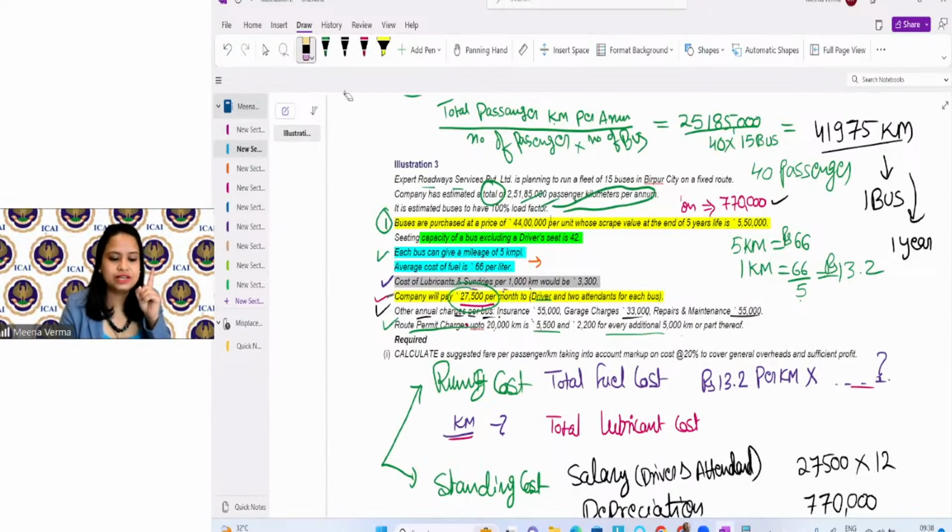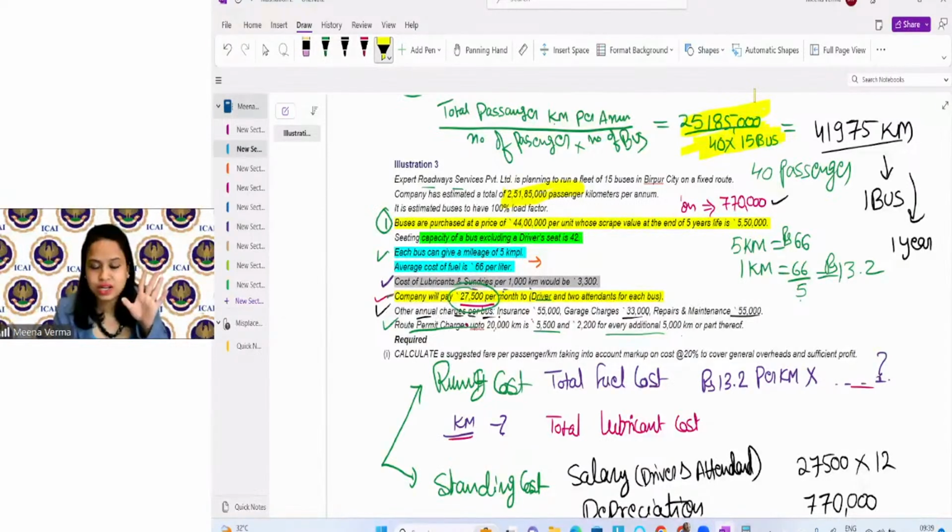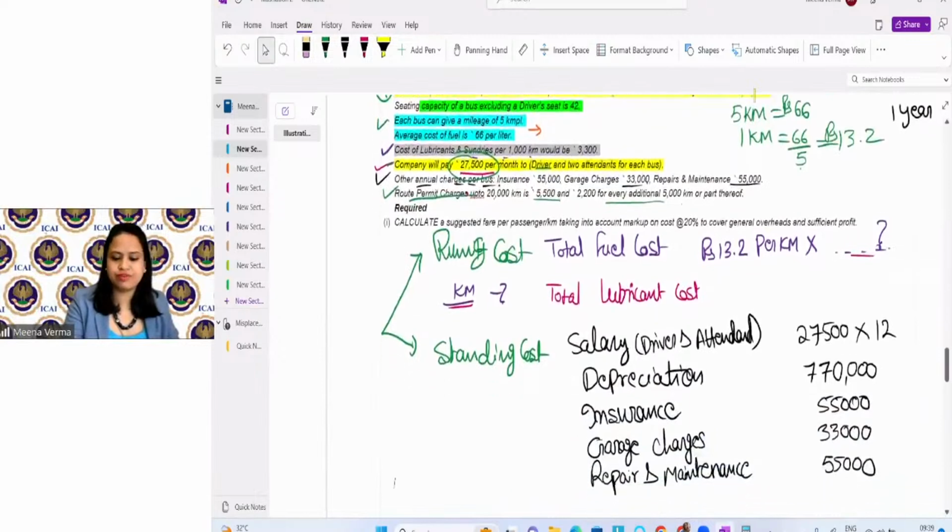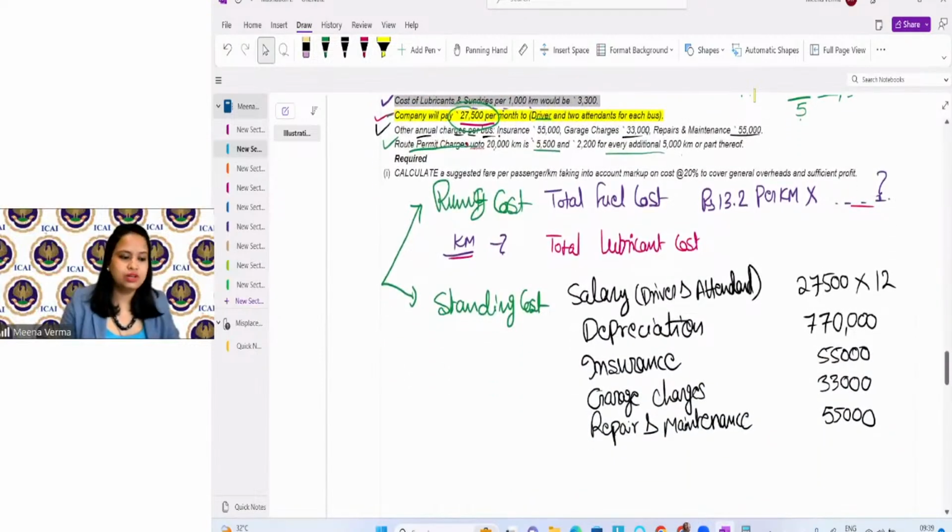So I have done nothing. I've just divided this total value with the number of passengers, which is 40, and the number of buses. That will give me the total kilometer traveled by a bus. All right. Okay.